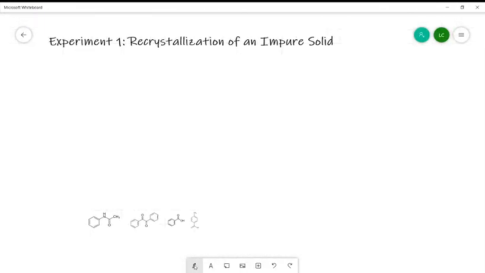So essentially, what is recrystallization? That would be important to define. You can treat recrystallization as taking something that's impure, the crude product that you started with, and making it more pure.